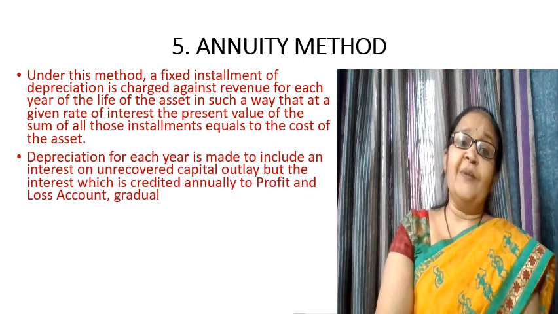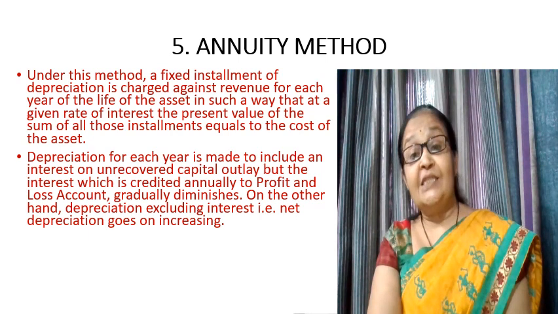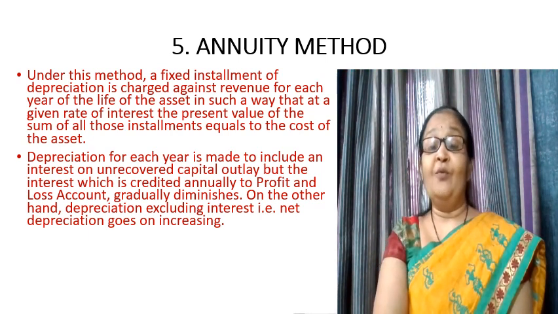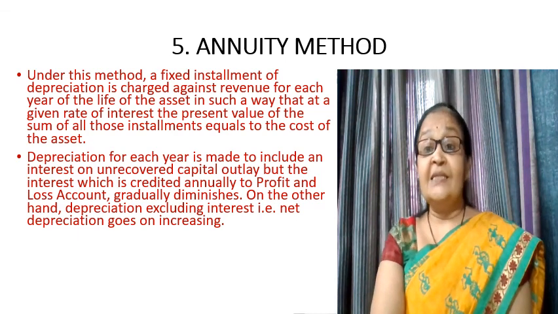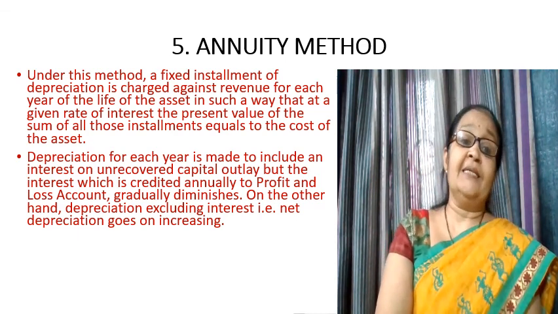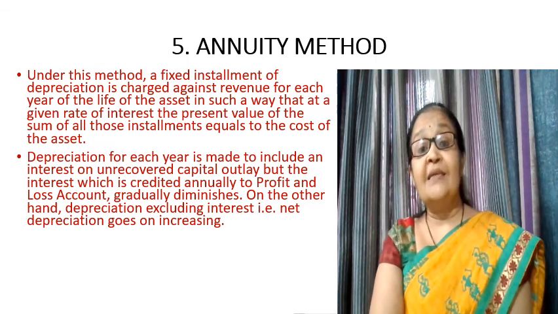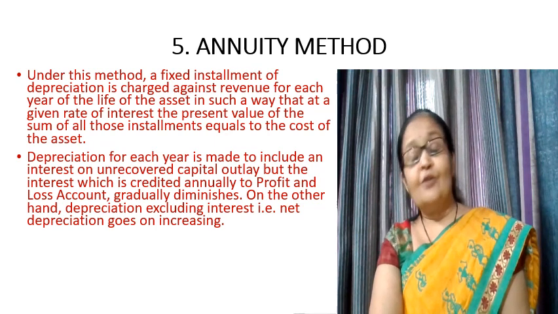So under this method, a fixed installment of depreciation is charged against the revenue for each year of the life of an asset in such a way that, at a given rate of interest, the present value of the sum of all those installments is equal to the cost of the asset.